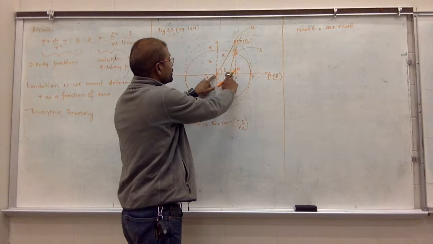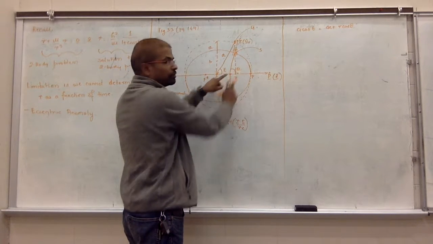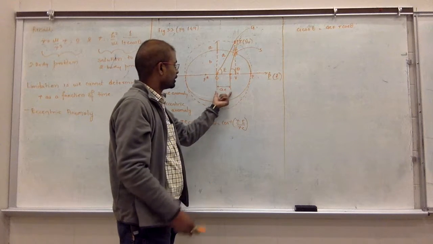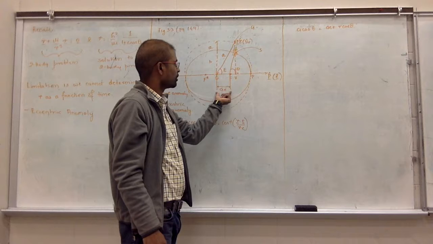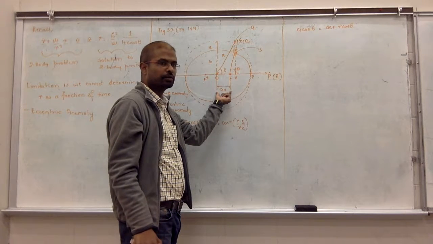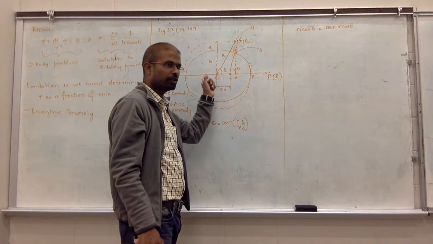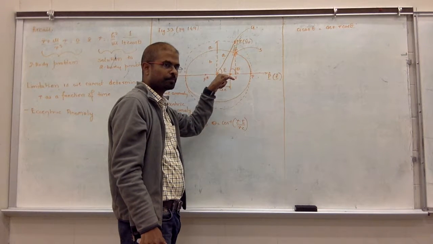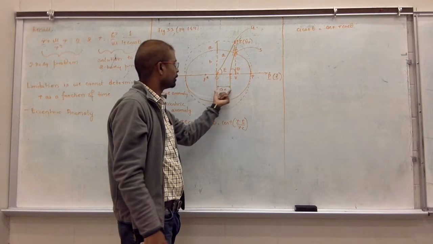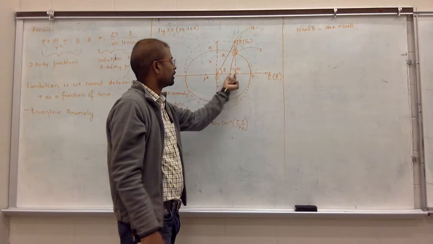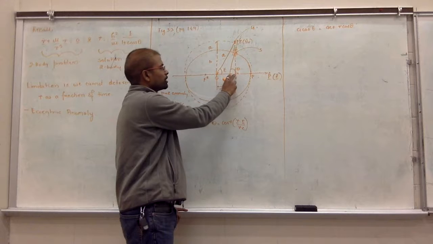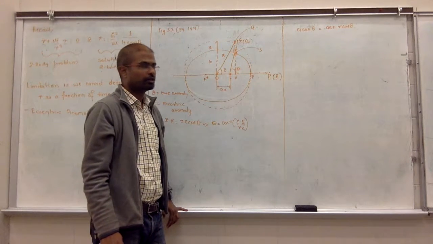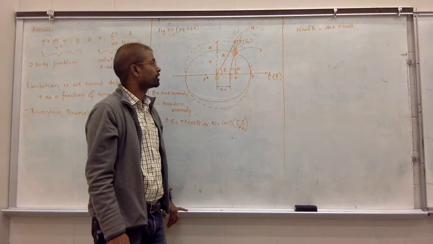But this distance is equal to this plus this. This is always AE, the distance between the center and the focus. And you can prove this to yourself. And this distance is r cosine theta. That r cosine theta also makes sense, right?